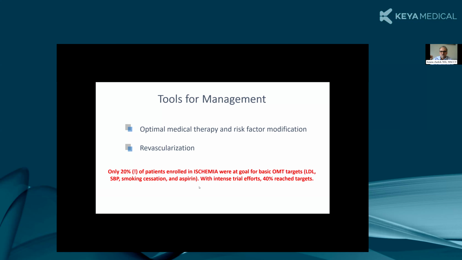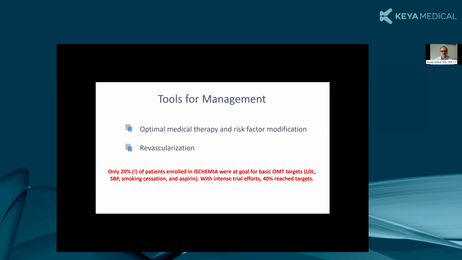Only 20%. This is really remarkable, how miserably we are failing to provide these essential treatments to patients, to the extent that we are meeting goals. And with the intense efforts during the trial, 40% reached targets, which obviously still leaves the majority of patients short of these targets.